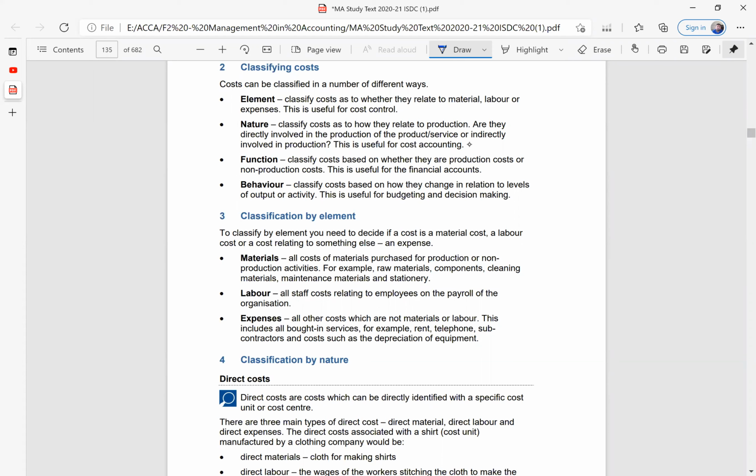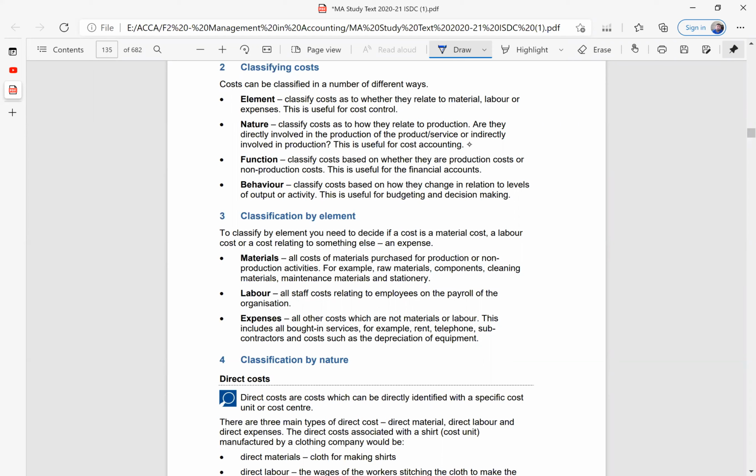What is the nature of the cost? Is it direct cost? Is it indirect cost? What is the function of the cost? Is it related to production, like is it being incurred because of production, or is it a non-production cost? By non-production, we mean, let's say, electricity, fuel, Wi-Fi, all of that.